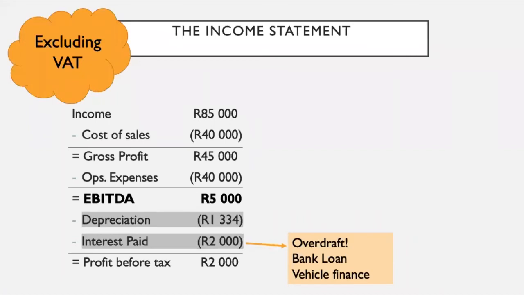All of that has interest attached to it, and the moment you start paying interest, that interest is tax deductible. So make sure you account properly and that you don't leave any of these interest expenses out of your tax deductibles, because if you don't account for the interest here, it's going to affect this profitability.